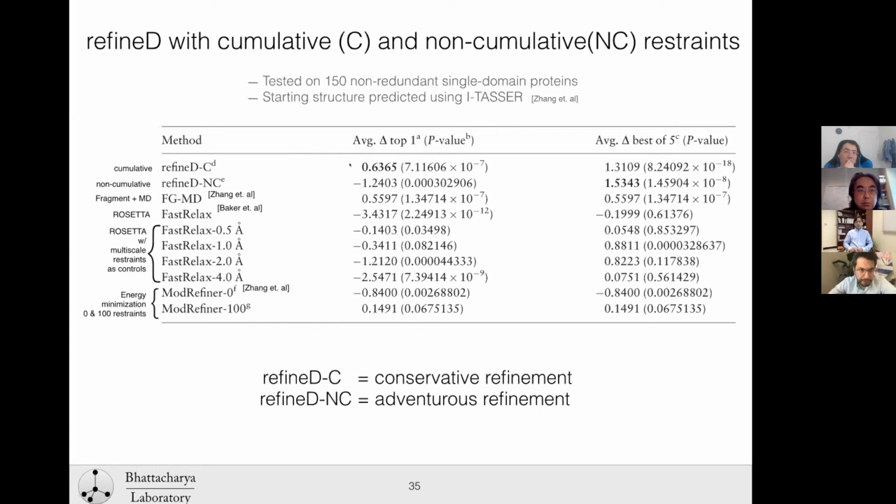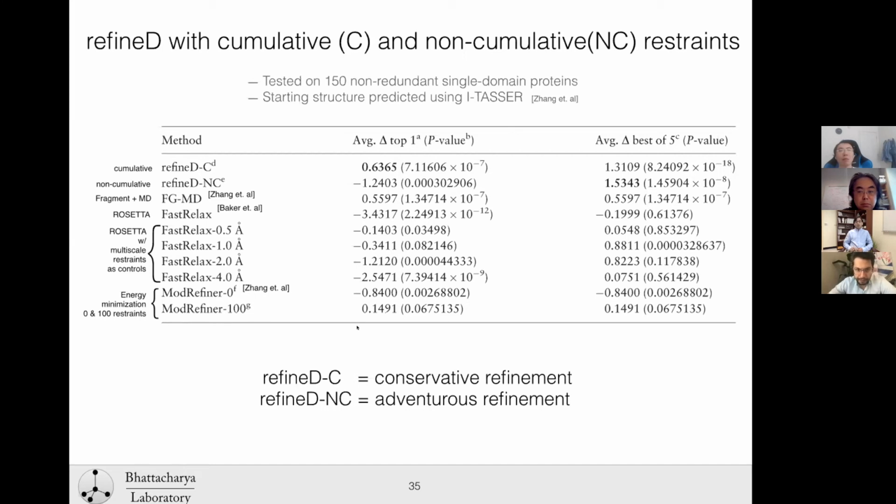On the other hand, if we go to the non-cumulative version and look at the best of top 5, it delivers much better performance, and the average amount of delta is also much higher, but it is not necessarily very consistent, as can be seen by the performance of the average delta of top 1.